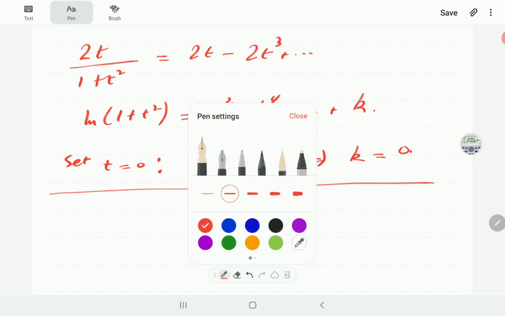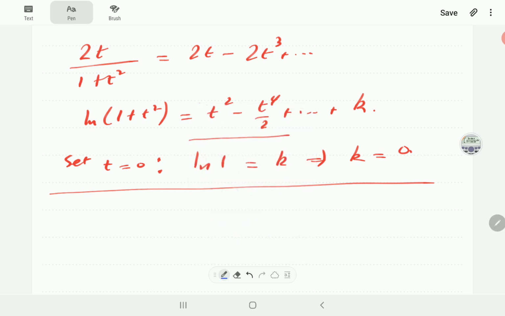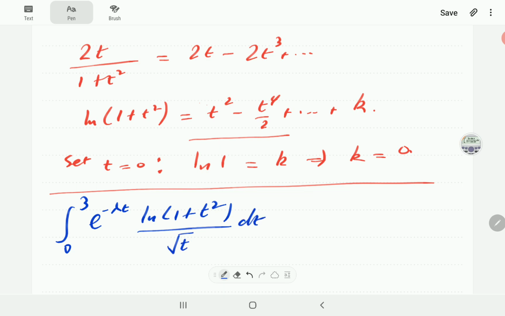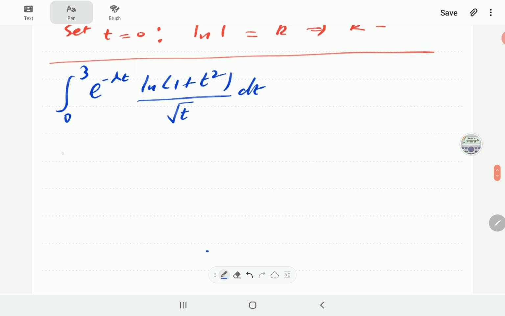So what that is saying is that we can rewrite our integral as follows, with ln of 1 plus t squared over square root t.